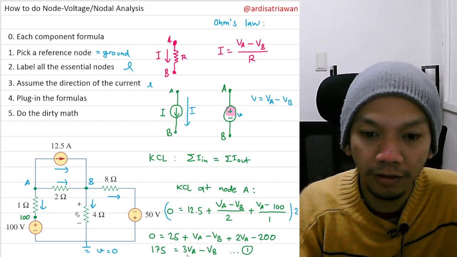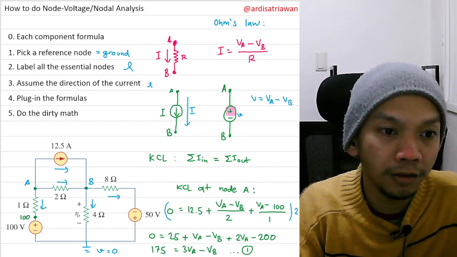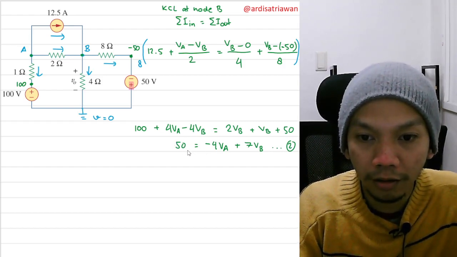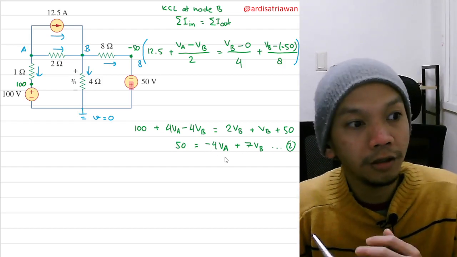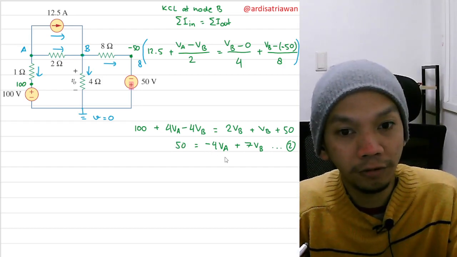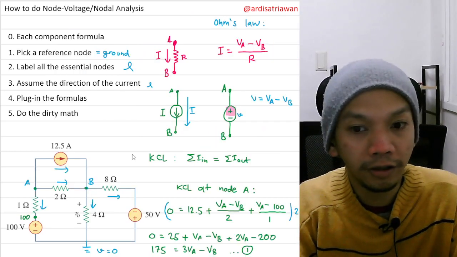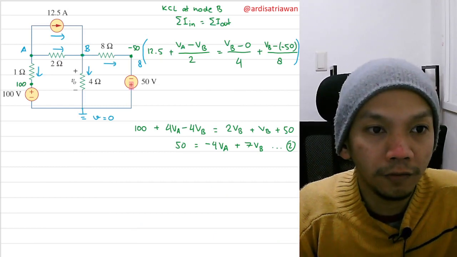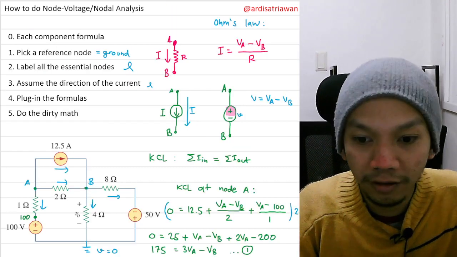3VA minus VB is 175, and then I will have 50 is equal to minus 4VA plus 7VB. Now what we can do here is do the math. We have two equations with two variables. We should be fine. So let's write down this first equation.